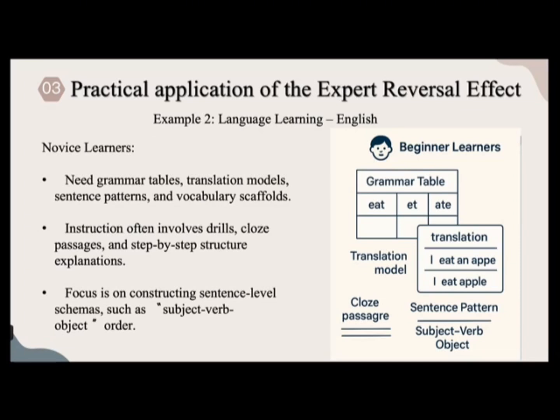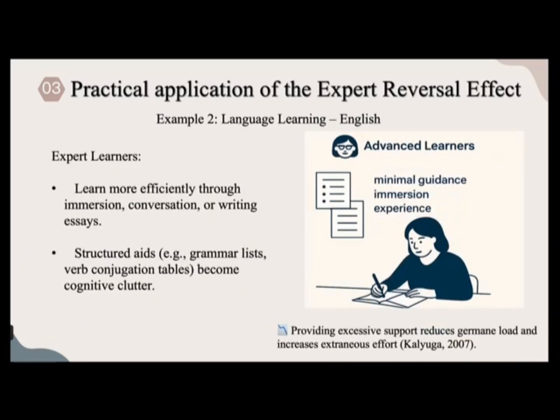And they usually learn sentence patterns like subject, verb, object. But expert learners learn more efficiently through immersion, conversation, or writing essays. At this point, continuing to use excessive structural scaffolds, for example grammar lists and verb conjugation tables, becomes cognitive clutter.